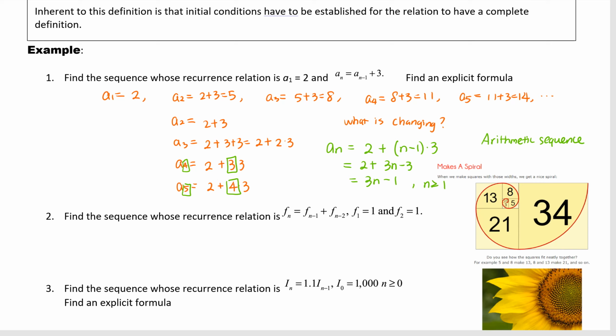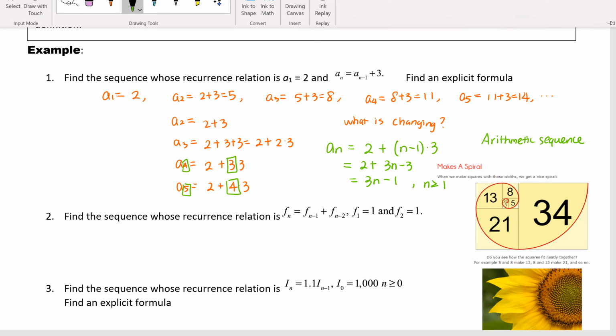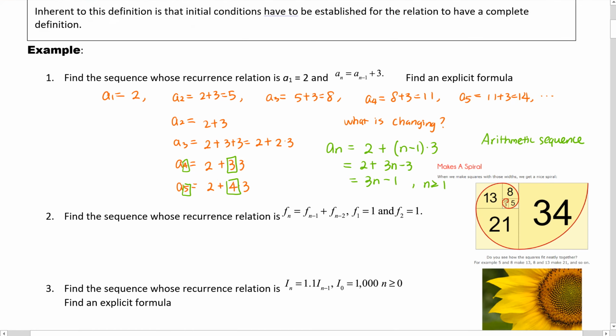Alright, let's continue. Example 2. Find the sequence whose recurrence relation is f_n equals f_(n-1) plus f_(n-2).